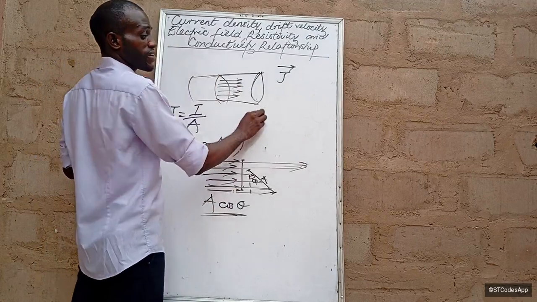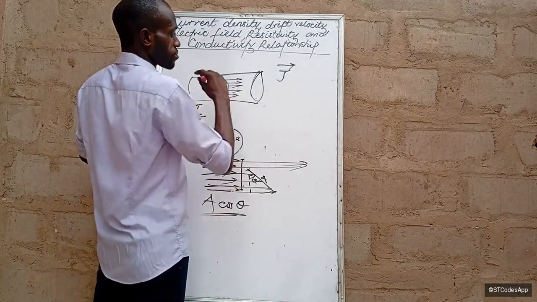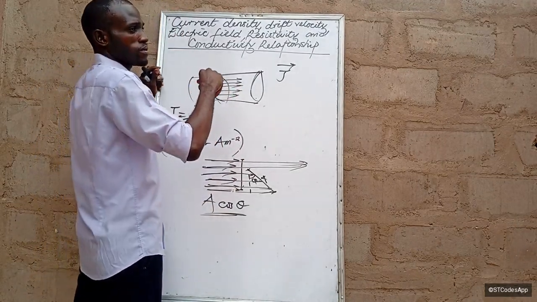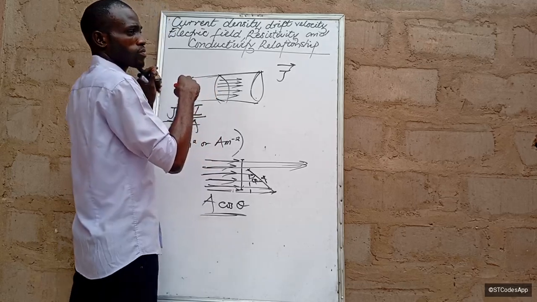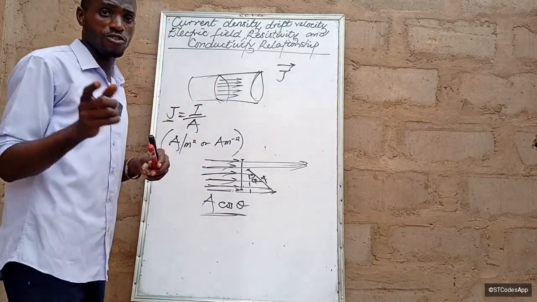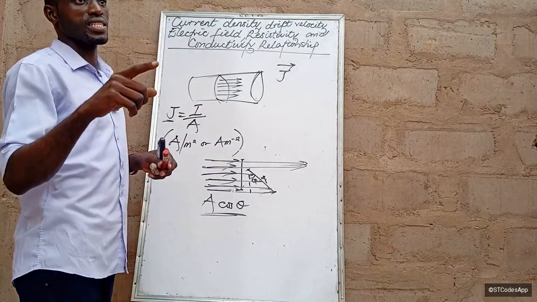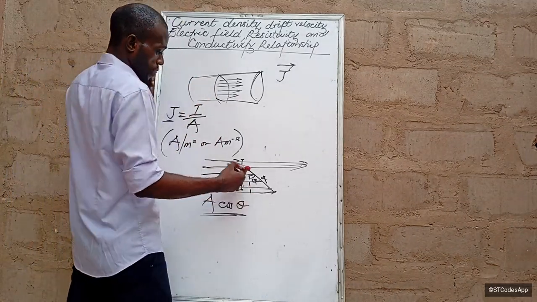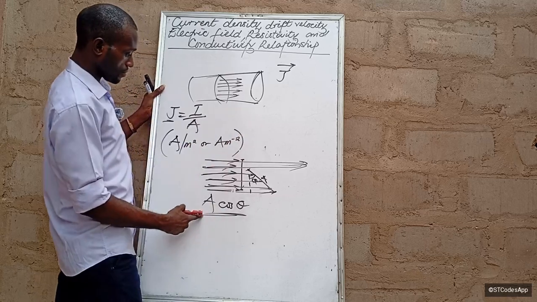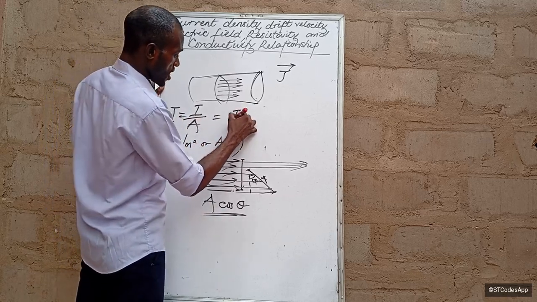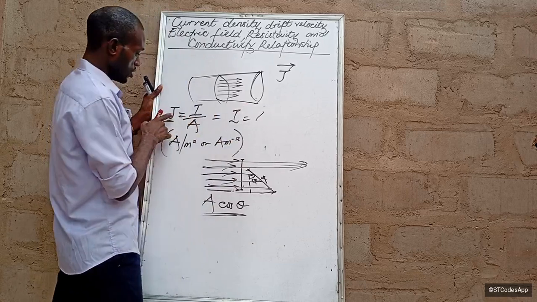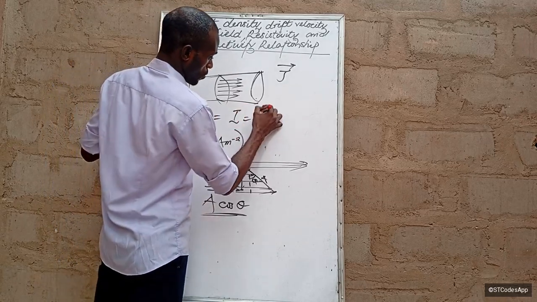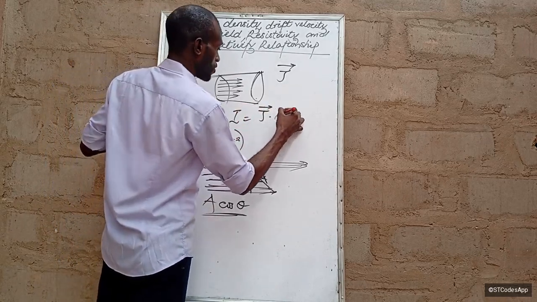Now, if you have seen my video on vectors, I told you that there is the scalar product, the dot product, and the cross product. So if you look at this guy, current from here is going to give us J times A, which is J vector dot A vector here.